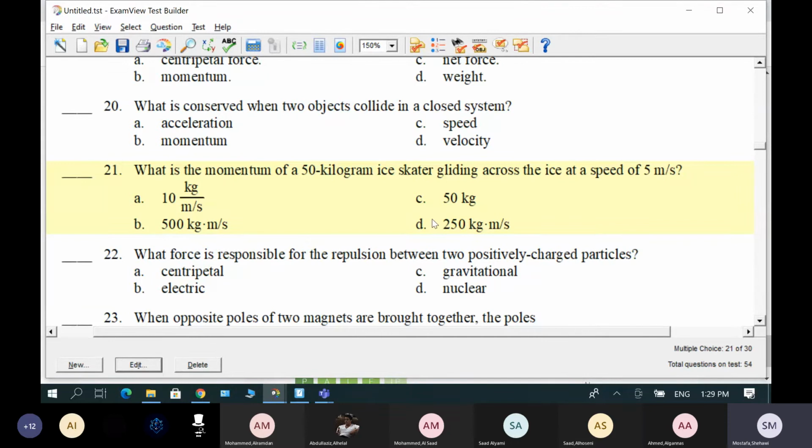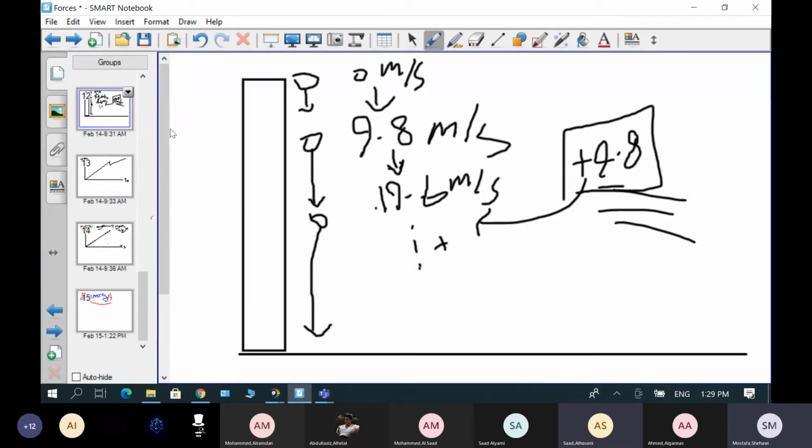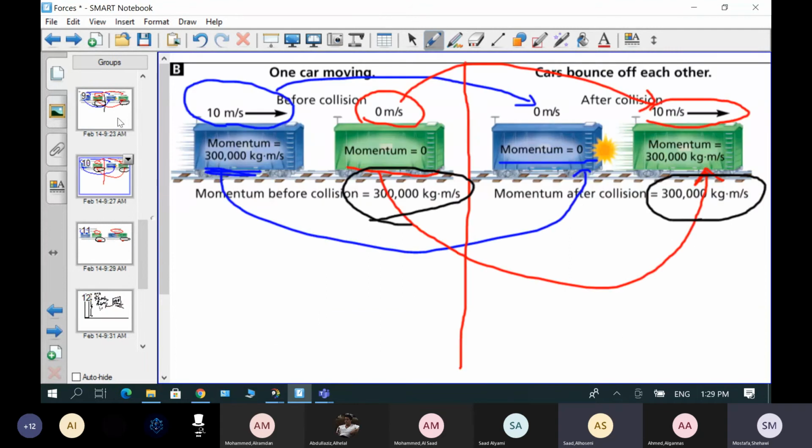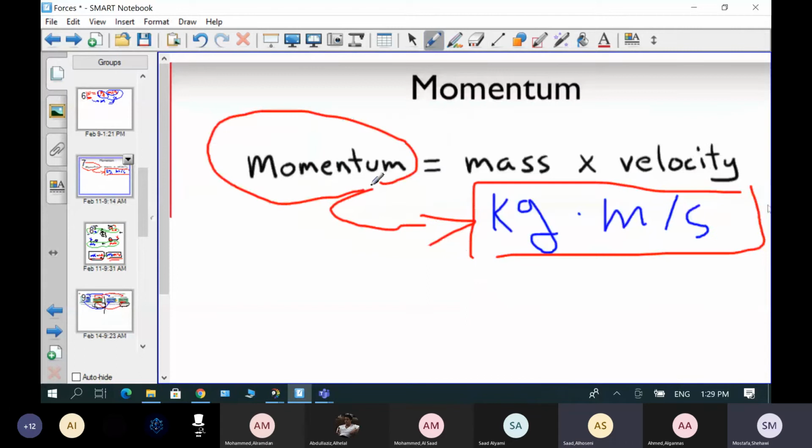Also yesterday, listen. Why multiply speed? Wait. Momentum, from yesterday, equals mass multiplied by velocity. It's a vector quantity.